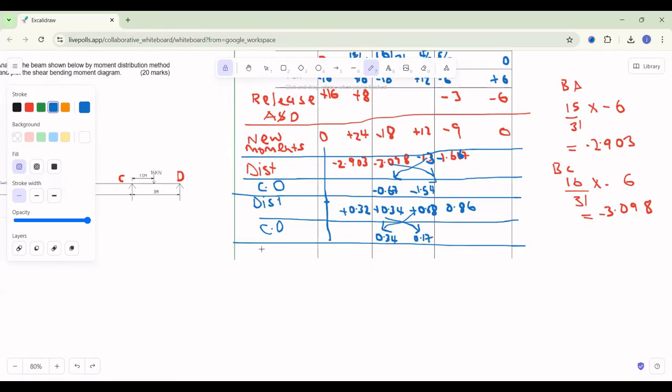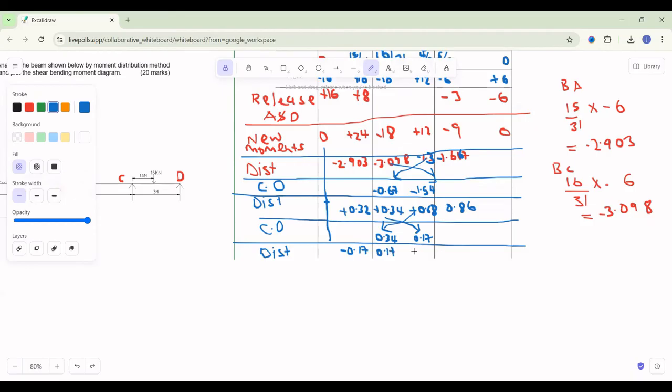Remember, the balancing moment will now be negative. We are going to distribute again according to the distribution factor. So if we do that, we'll get negative 0.17 on that side, and here approximately 0.17 to two decimal places.